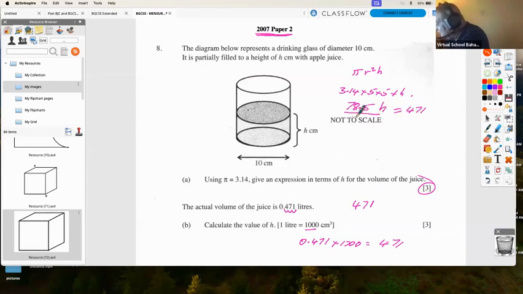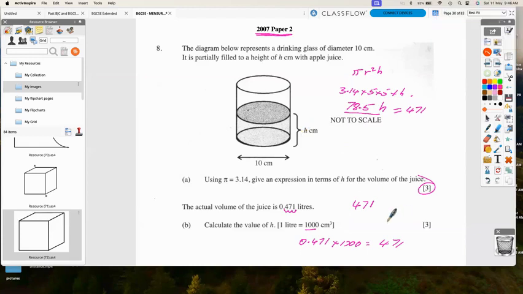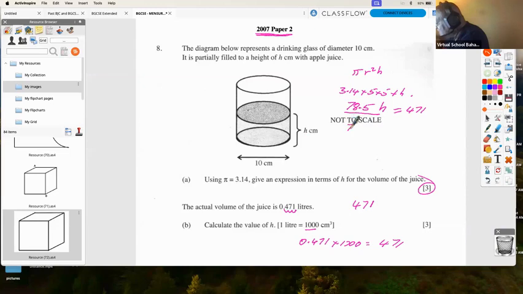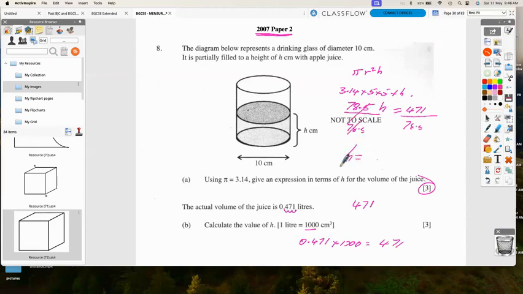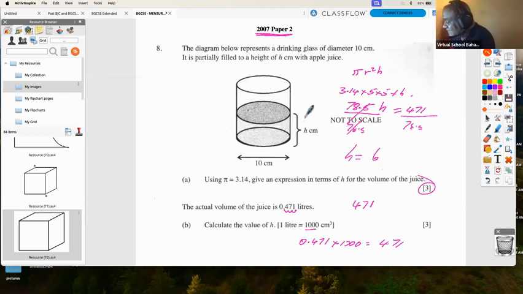You with me? I'm making the equation to solve for h. Yes, sir. And so we divide by 78.5 on both sides. So that will give us what h is equal to. H is equal to 6. So the height in the glass would be 6 cm. Any question on that?